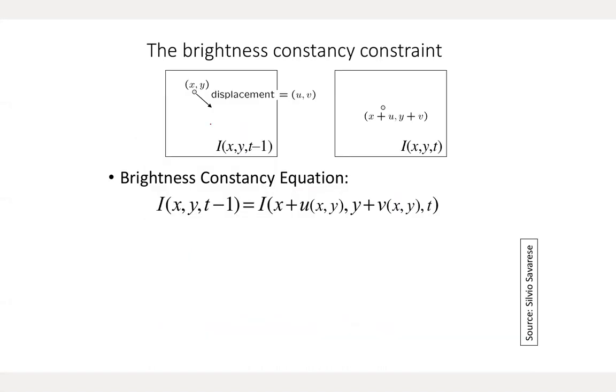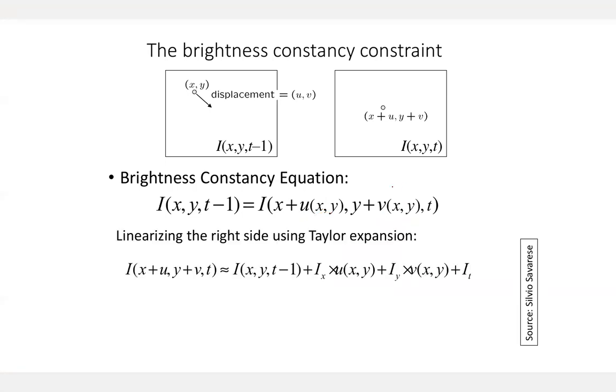Now with these assumptions, we can start to compute the optical flow, basically trying to find this U and V for every pixel. First of all, let's say from the earlier frame we have x, y and t minus 1, right?